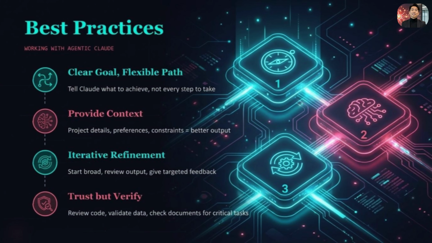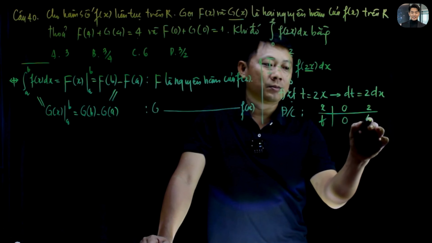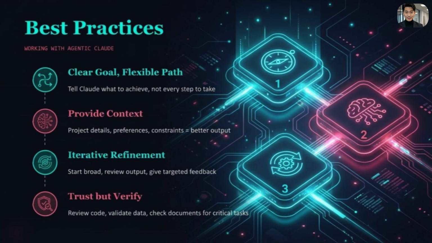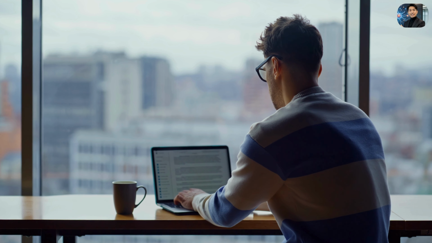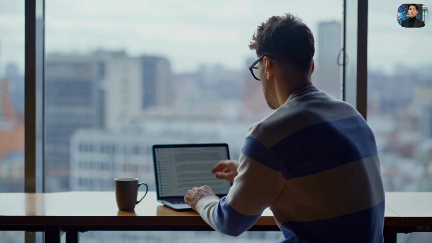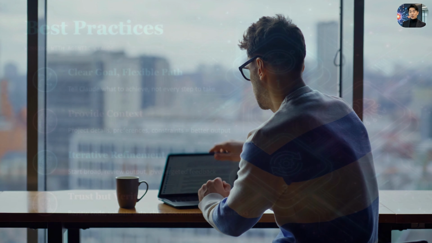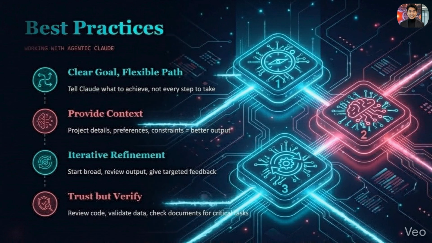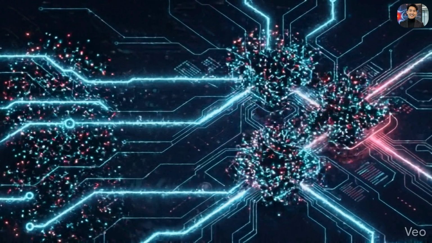Third, use iterative refinement. Start with a broad instruction, review the output, then give targeted feedback. Claude learns from your corrections within the session. Fourth, trust but verify. Claude is remarkably capable, but always review the output for critical tasks. Check the code it writes, review the documents it produces, and validate the data it presents.